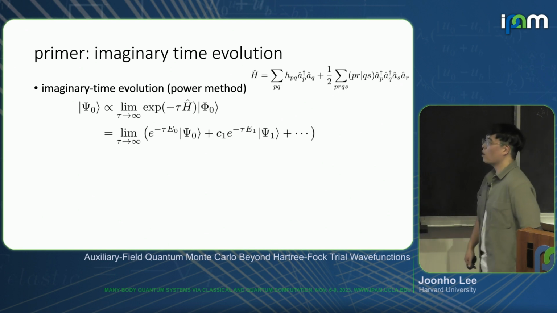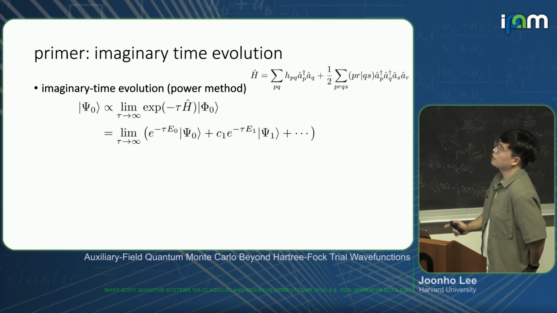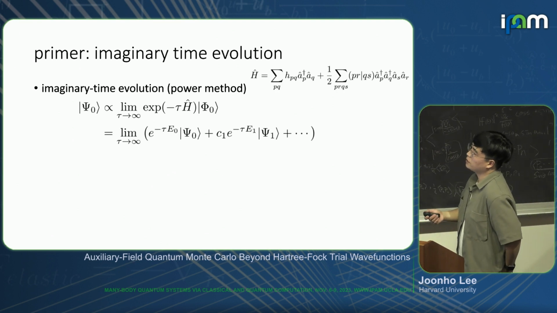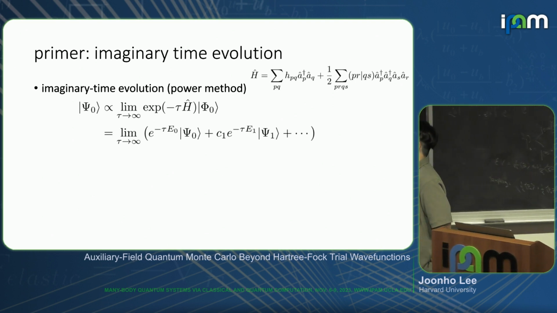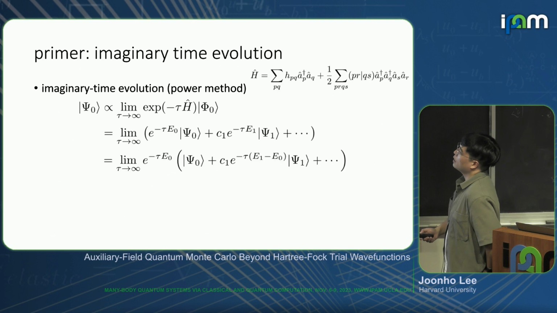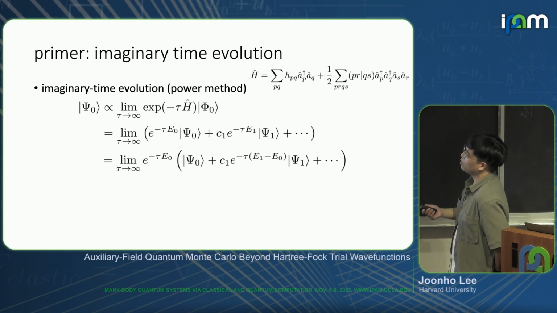You can see why this should work by expanding phi naught in the eigenbasis of H, which is psi naught, psi 1, and so on. Because they are eigenstates, I can evaluate the eigenvalues when the Hamiltonian acts on them, and then pull out the common factor e to the minus tau E naught.